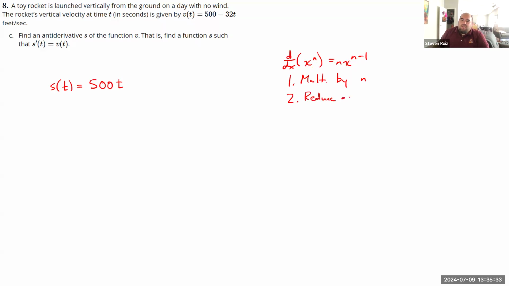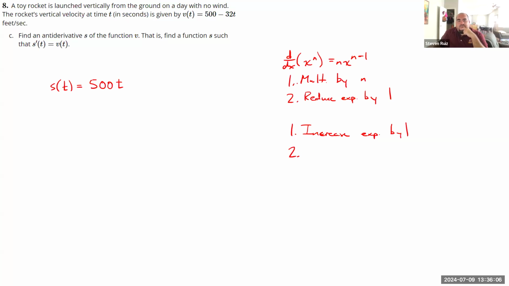We reduce the exponent by 1. So now we want to do an inverse thing, which means we're going to take these two steps and do them in the opposite order, but we're also going to do the exact opposite of those steps. Our second step was reduce the exponent by 1, so we're going to do that first. And what's the opposite of reducing the exponent by 1? We are going to increase the exponent by 1.